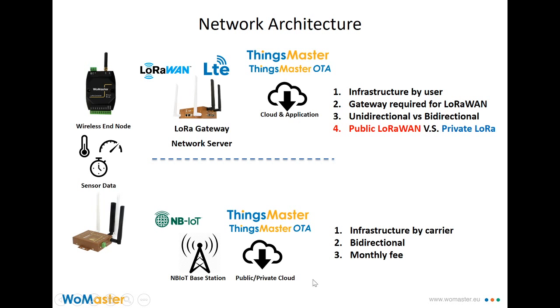For NB-IoT, we can do bidirectional communication, control, and monitoring. It's similar with the LoRa. However, the LoRaWAN is suitable for monitoring only. According to the requirement from the customer's application, users can adapt to the proper one.